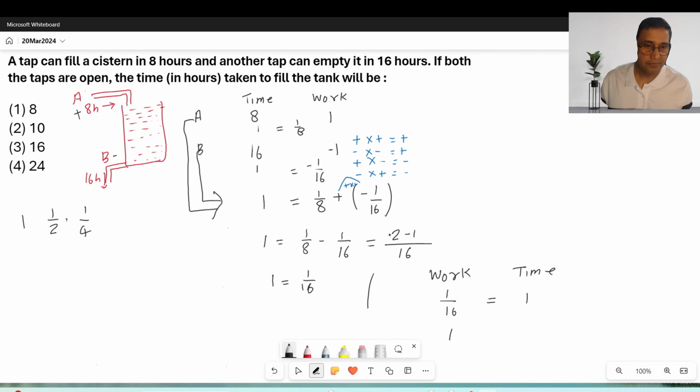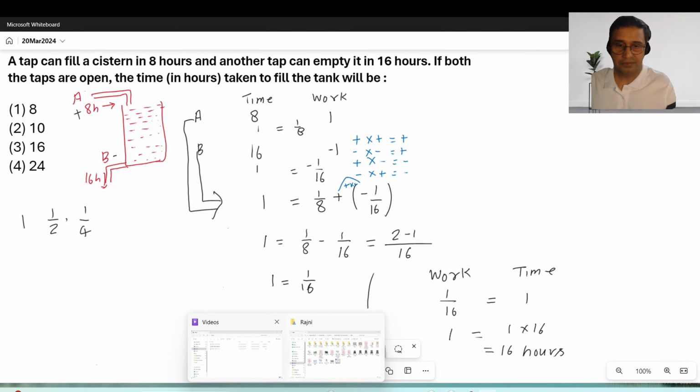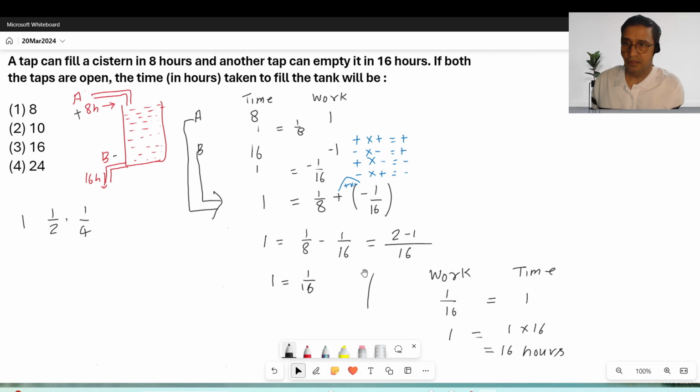So one work will be done in how many hours? 1 times 16 is equal to 16 hours. And which is the option we have here? Right option? Option number 3. So option number 3 is the right answer.